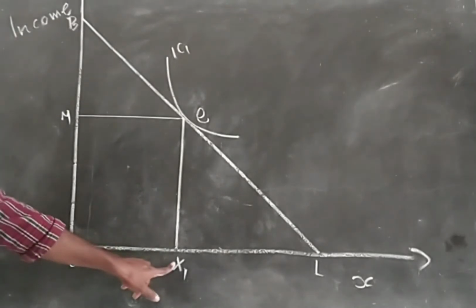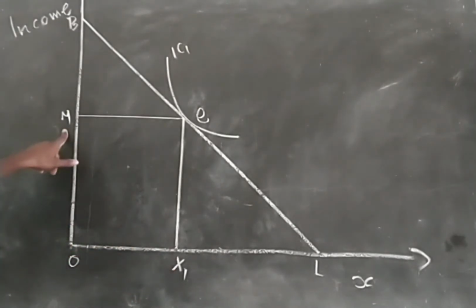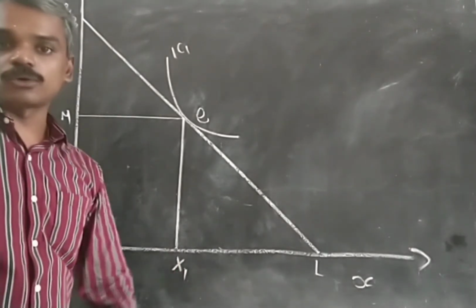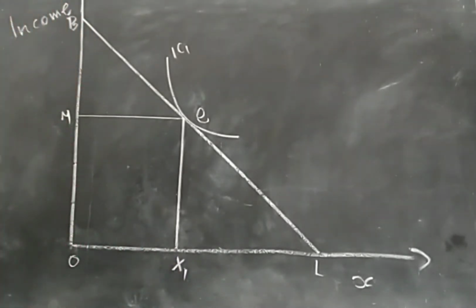Now he has OX1 of X with him and OM of money with him, which means that he has spent BM of money. His total income is OB, of which BM has been spent on buying this commodity, and by spending BM amount of income, he got OX1 units of the commodity.